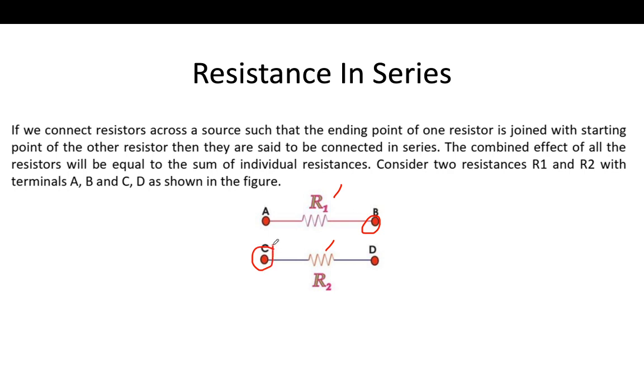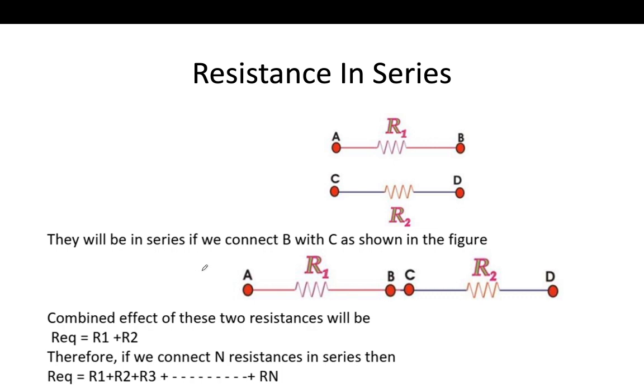How? We can see in the next slide. This was the end part of one resistor and this was the starting point of resistor 2. So here we connect them.